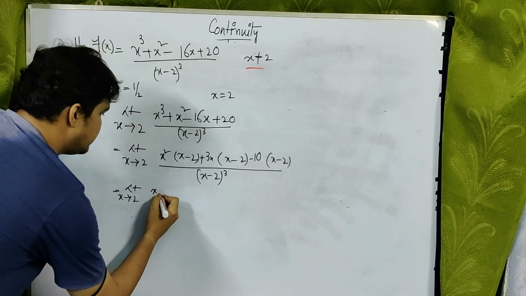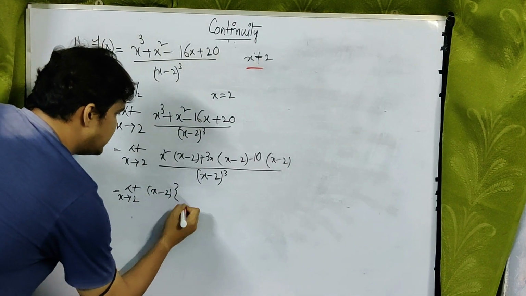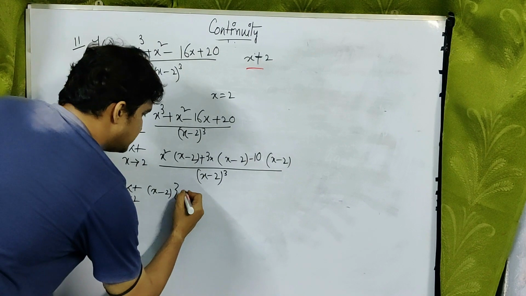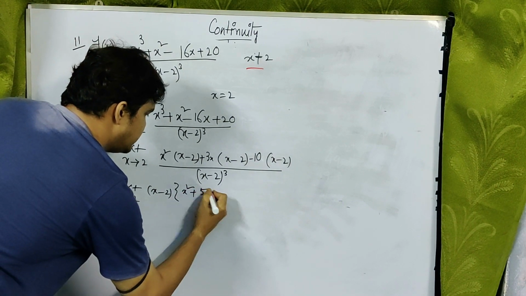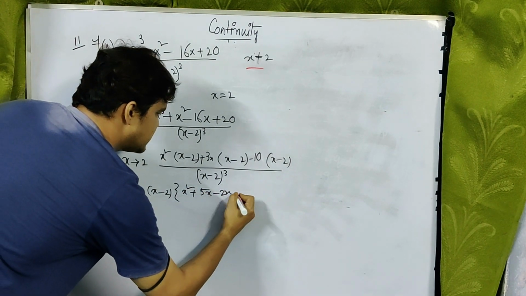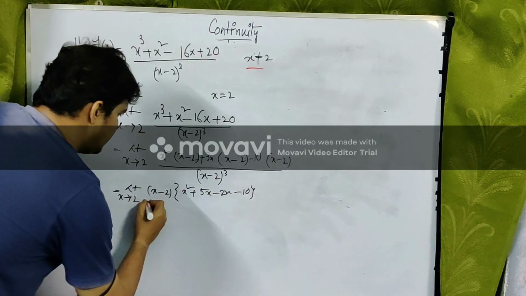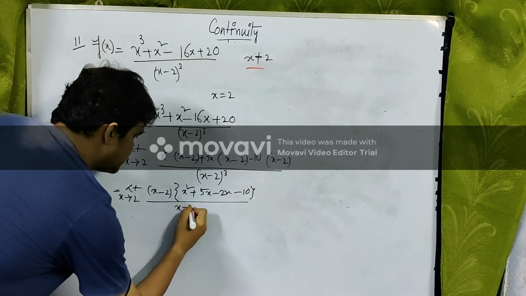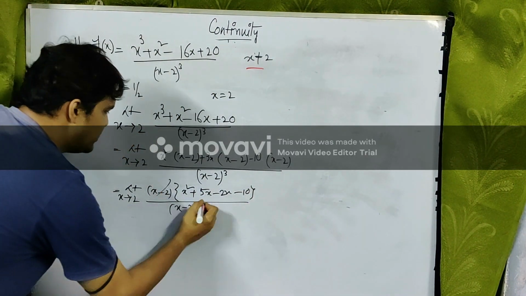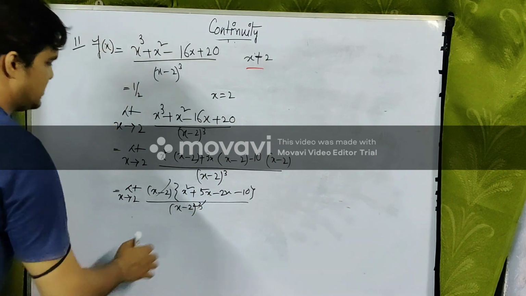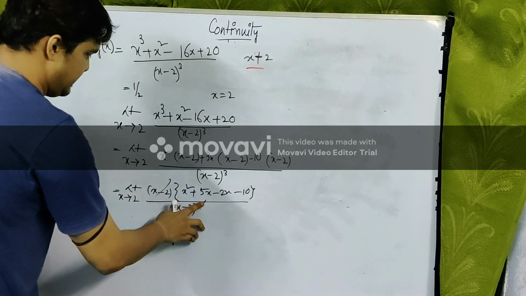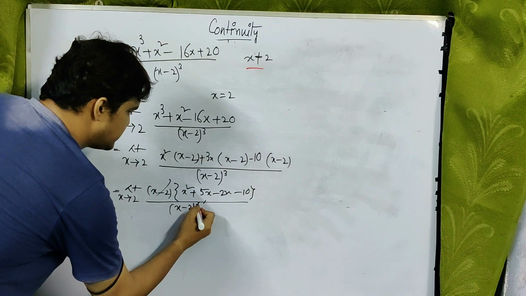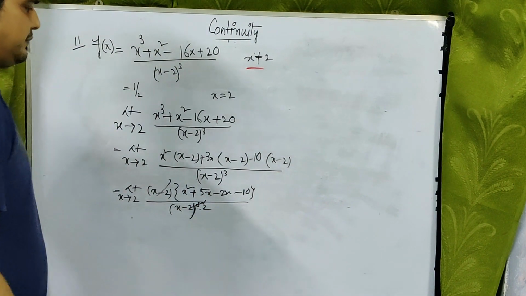So here we have (x minus 2)(x square plus 3x minus 10). That can be written as 5x minus 2x minus 10. And here we have (x minus 2) whole cube. One is cancelled, so it becomes (x minus 2) whole square.